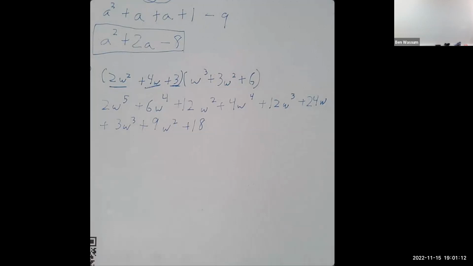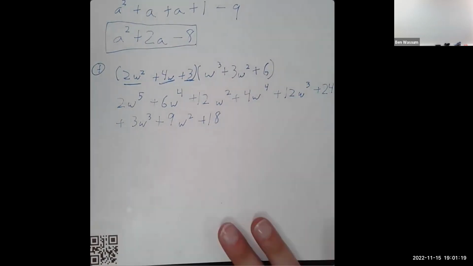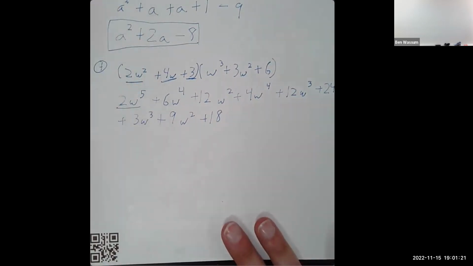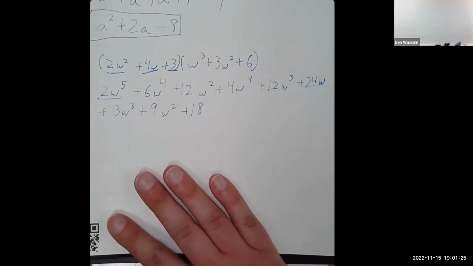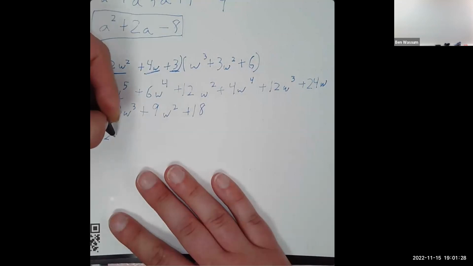And that took me a really long time to put together. So again, I like to start off with my highest degree and say, okay, there's nothing else that it's going to combine with. So I have just that.